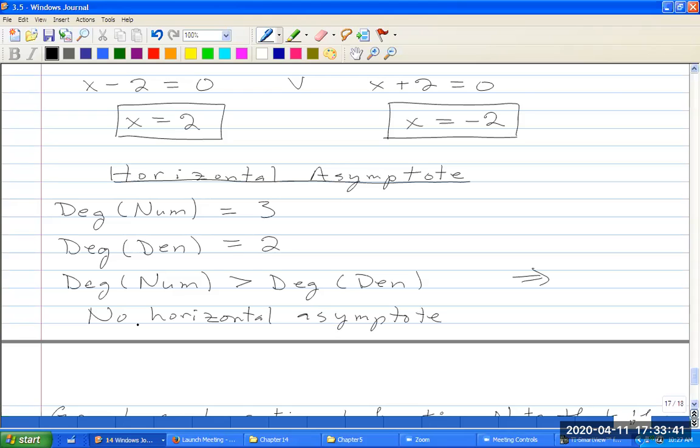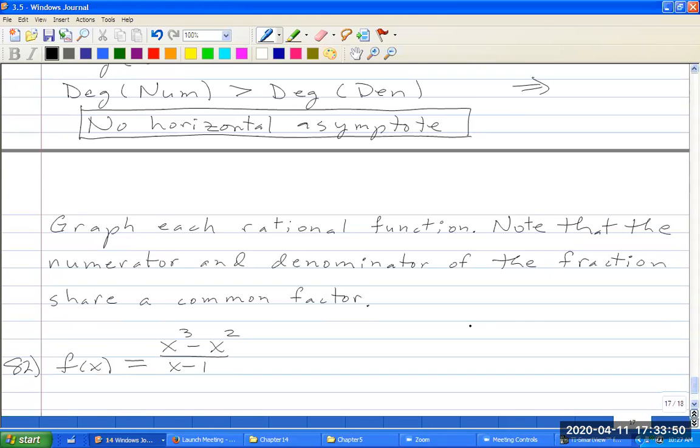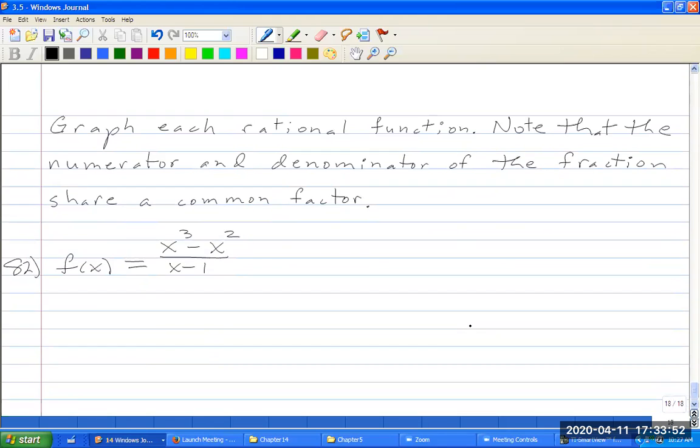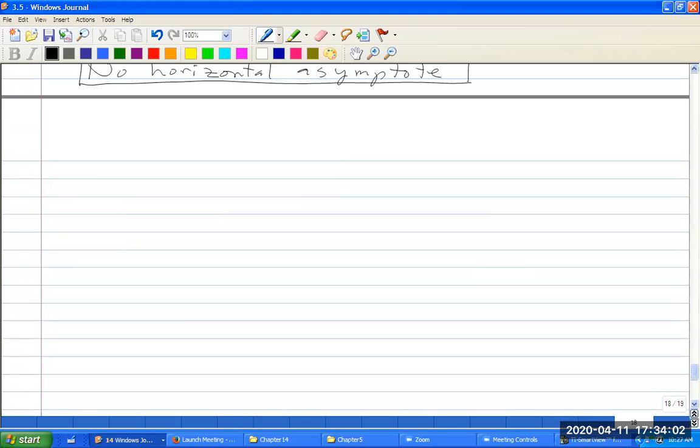So I better start looking for other asymptotes. Okay, so let's do some asymptotic behavior.